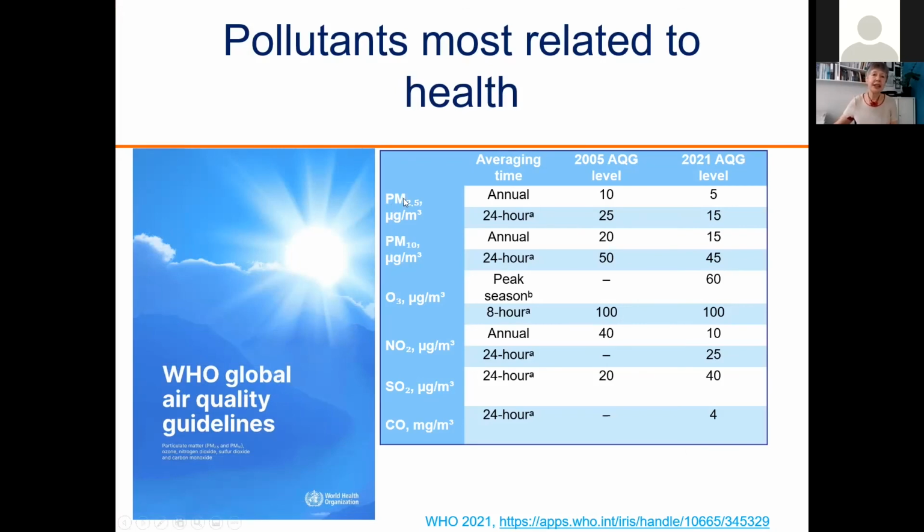So you can see that among the pollutants, the list included is PM2.5, PM10, that we discussed. It is ozone, it is NO2, which is a gas emitted by vehicles, SO2, CO, carbon monoxide. Now, these all are primary pollutants, apart from ozone, which is a secondary pollutant. You'll see it in this slide.